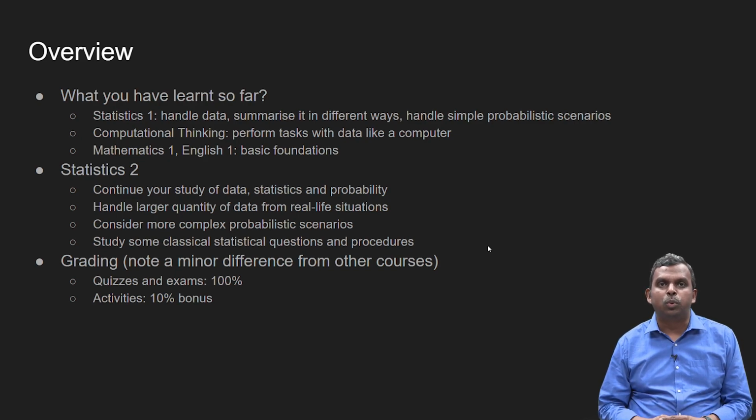Now let's get into some more intricate details about data, statistics, probability, and some questions surrounding them. Once again, this is just an introductory lecture, so I'll be at a very high level to give you a broad introduction.